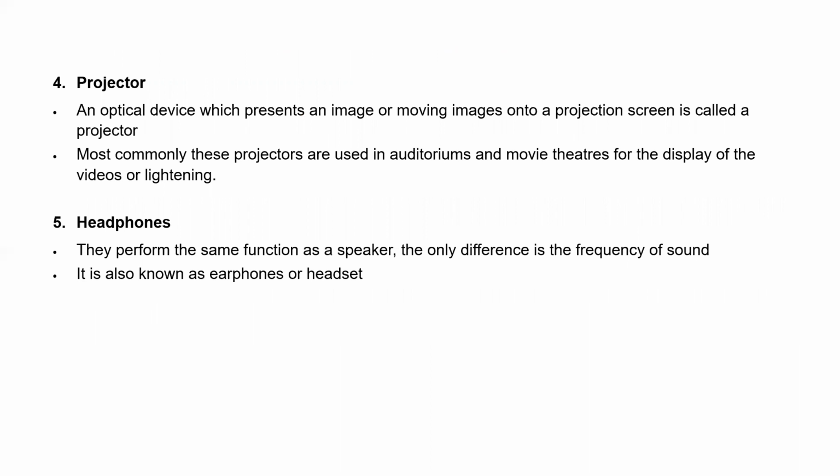Most commonly, projectors are used in auditoriums and movie theaters for display of videos or lighting. They are also used in classrooms for presentations. The next is headphones. They perform the same functions as a speaker. The only difference is the frequency of sound. Headphones are also known sometimes as earphones or headsets.